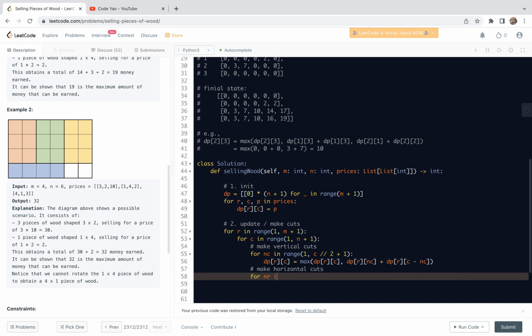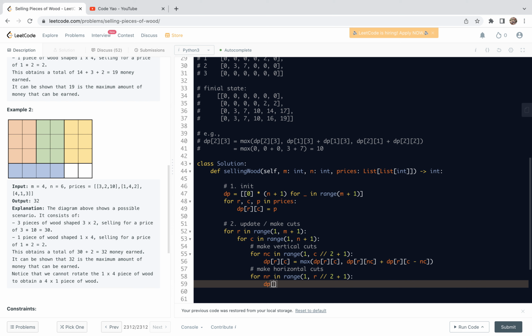So now let's make horizontal cuts. So for nr in range, still we can go up to r, but halfway will be sufficient. Then let's update this again.